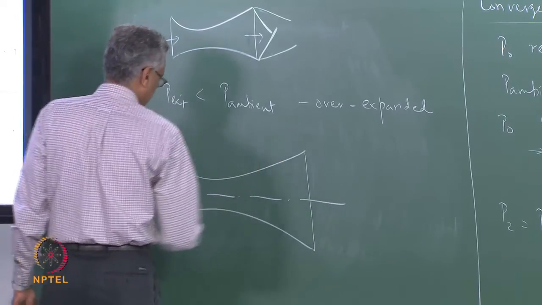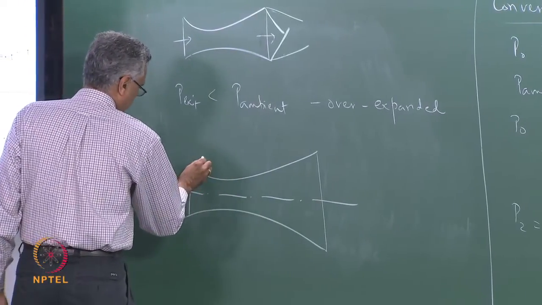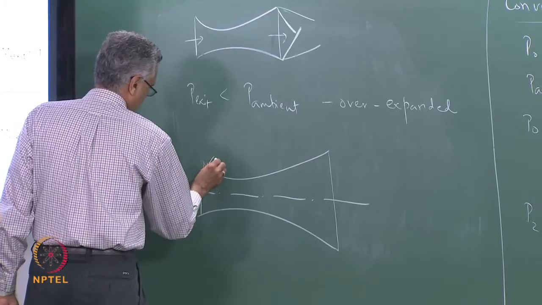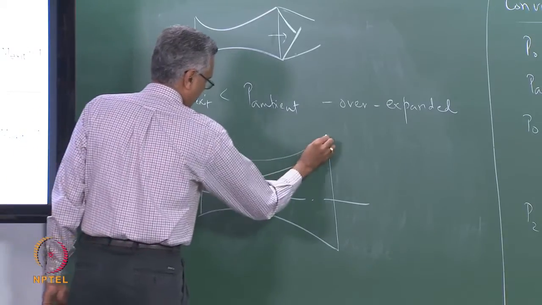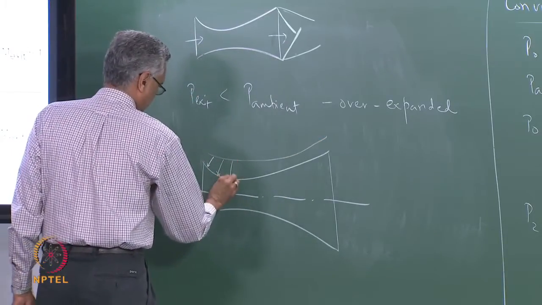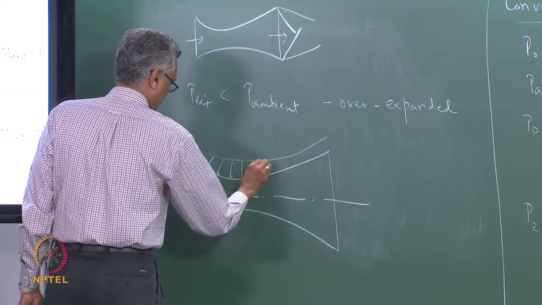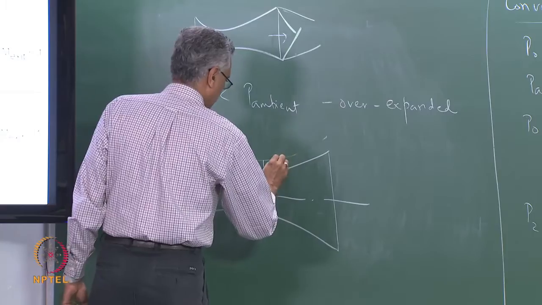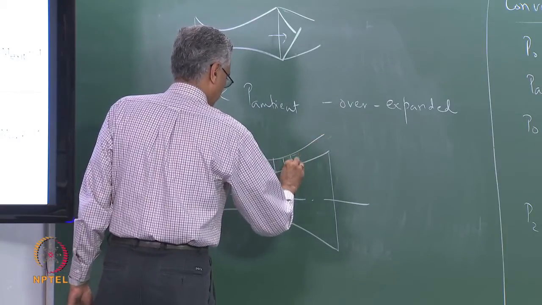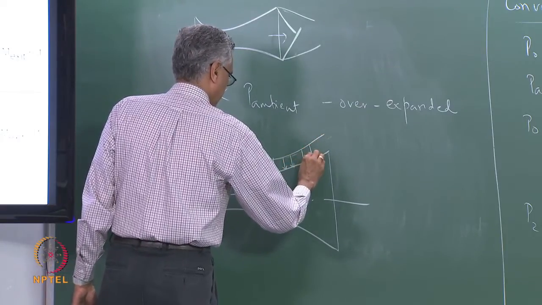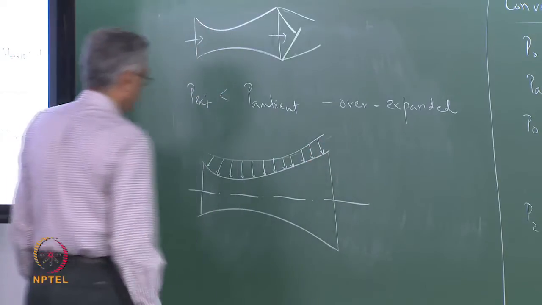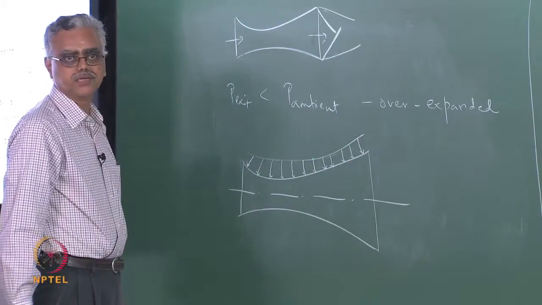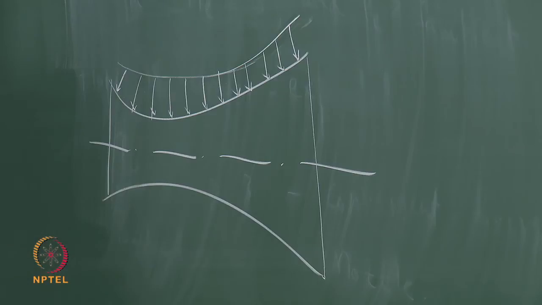Ambient pressure is at a certain value, right. So let us say that the ambient pressure looks like this. The ambient pressure is constant. This is my ambient pressure, the vector corresponding to ambient pressure.